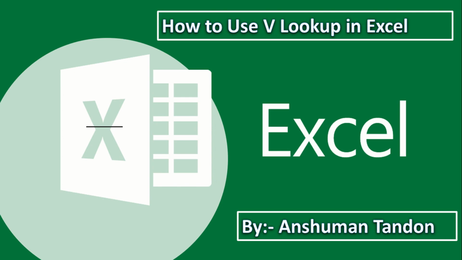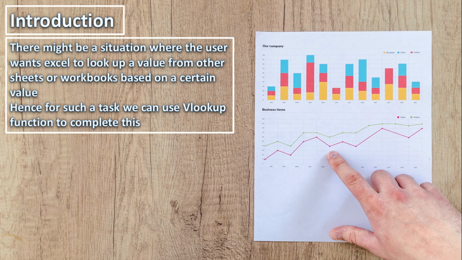So guys, first I want to give you an introduction about this formula. You can imagine that there might be a situation where you want to look up a value in another sheet or in another workbook, based on a certain value that you have in the existing sheet on your display screen.